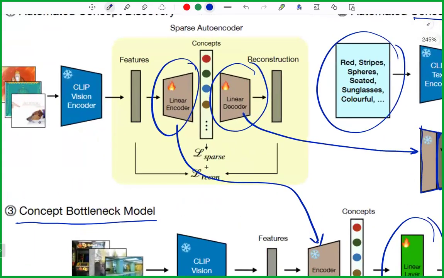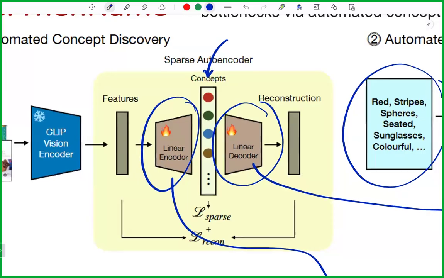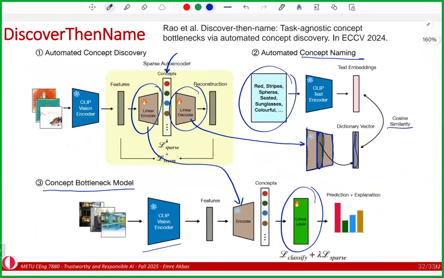So the bottom-up part is this sparse autoencoder here in the intermediate layer. These nodes correspond to disentangled concepts, and these are discovered from image content. They use the frozen CLIP encoder and their learned linear layer.